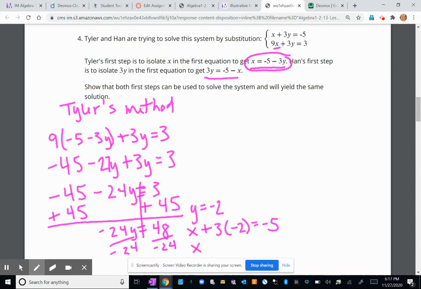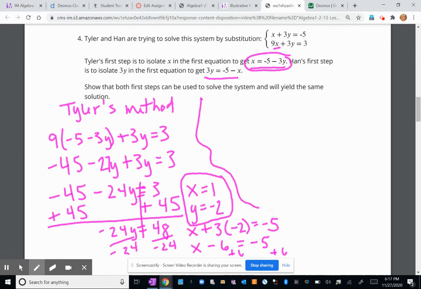So that's x plus negative 6, so x minus 6 equals negative 5. So then add the 6, and you get x equals 1. Okay, so that's the solution using Tyler's method.